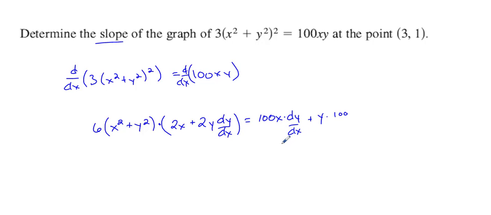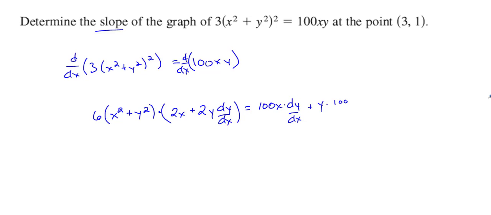So guess what, folks? We actually have to distribute here and get this guy out of the product, so that we can collect variables by adding and subtracting on both sides and then factor. Okay, let's do that. I'm going to bring this 6, so I'll make this 6x squared plus 6y squared. Is that cool? Okay. And then we're going to multiply through, we're going to distribute.